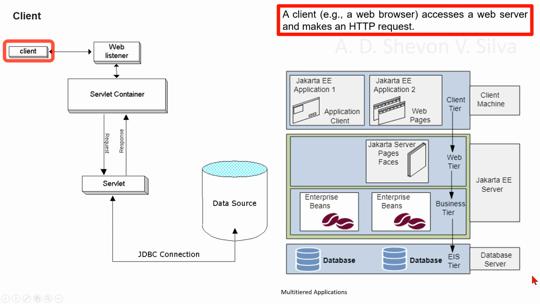Although a Jakarta EE application can consist of all the tiers shown in this figure, Jakarta EE multi-tiered applications are generally considered to be three-tiered applications because they are distributed over three locations: client machines, the Jakarta EE server machine, and the database or legacy machines at the backend.